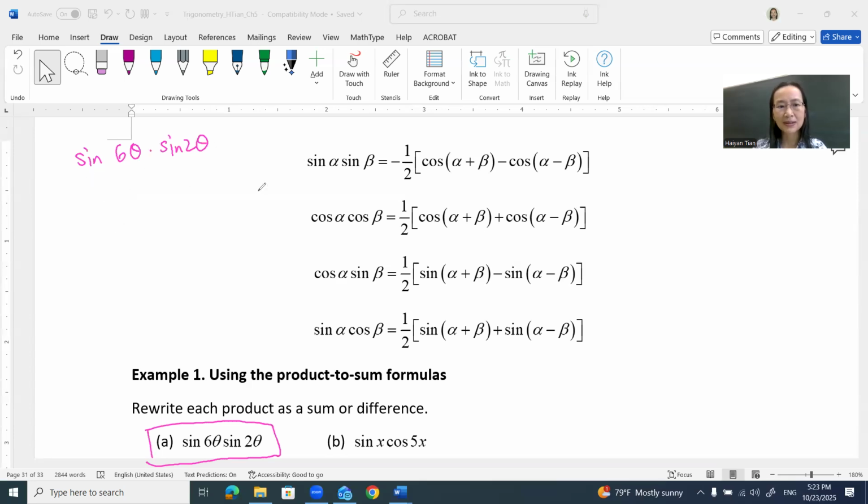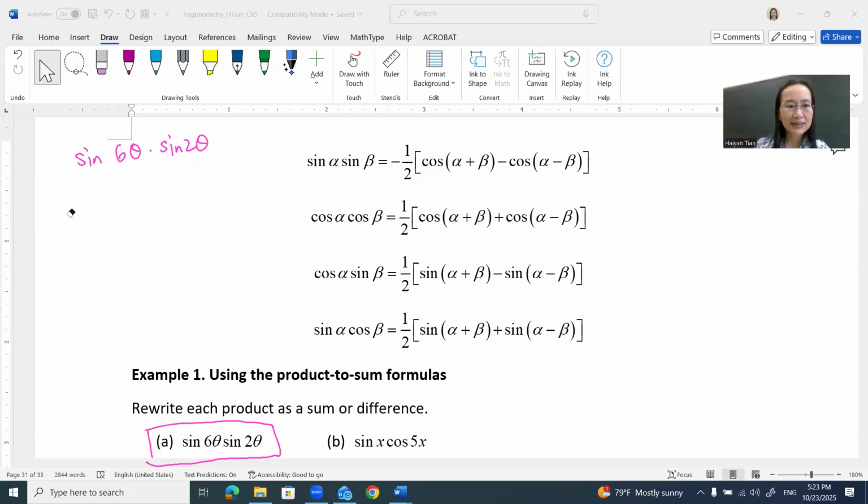A product of a sine and another sine. So we can use the first one, because that's the sine of a certain angle. This is our alpha, beta, right? The first angle is alpha and the second is beta. So we see that this first formula can apply here.